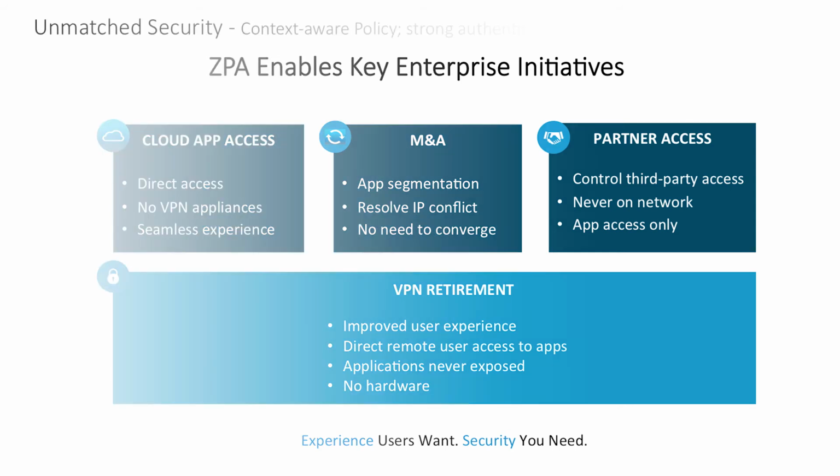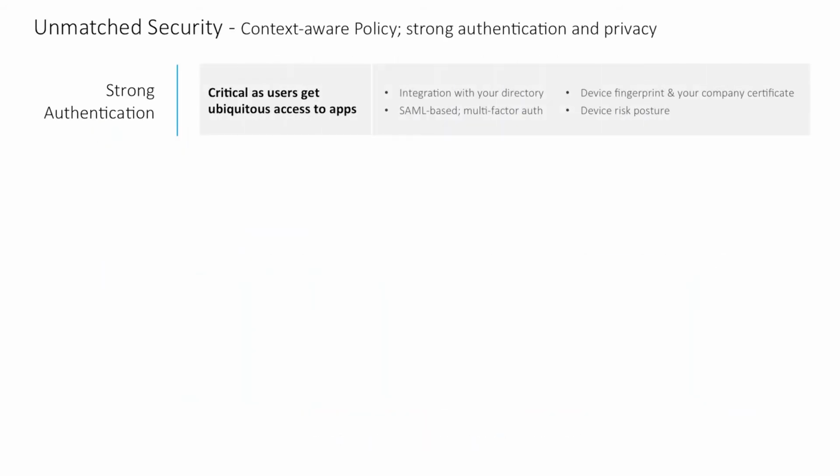within your organization. So the key context of Zscaler Private Access from an organization perspective is that it enables private access with strong authentication, which means we give users access to applications based on what privilege they have. We can integrate with your directory. We can have SAML-based multi-factor auth enabled.